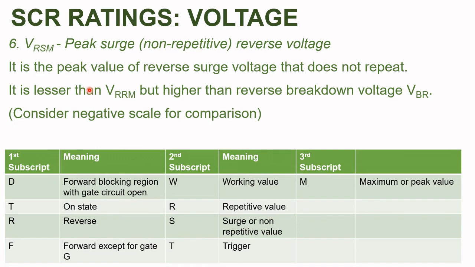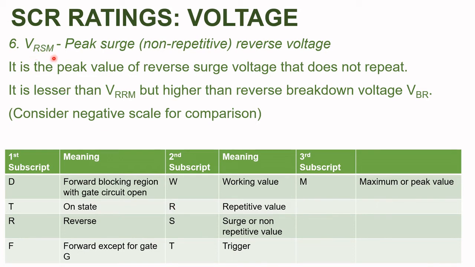The sixth rating is VRSM, which is given as peak surge reverse voltage. R is the first subscript, again used for reverse biased condition. S is the second subscript, used for surge value.